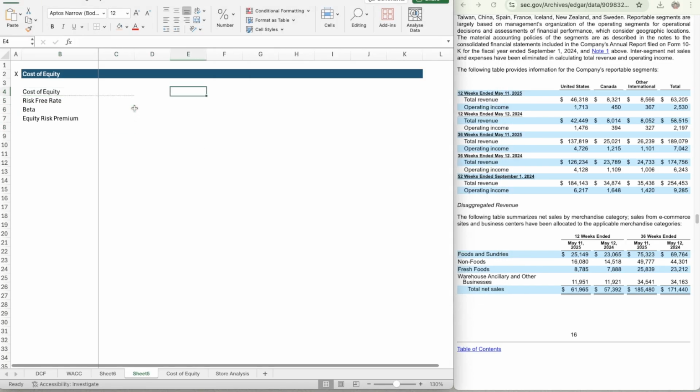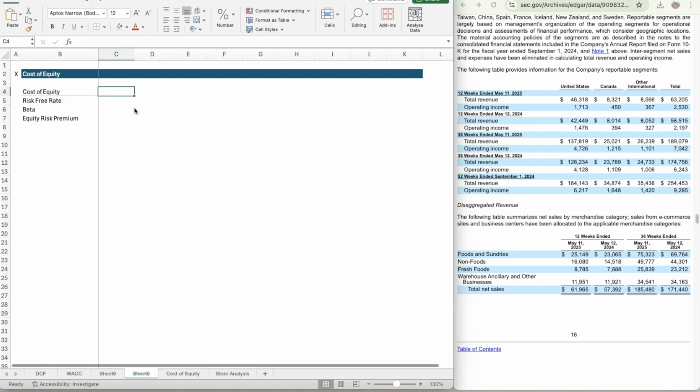As we know, the cost of equity is equal to the risk-free rate plus the beta multiplied by the equity risk premium. So that's how we calculate it.